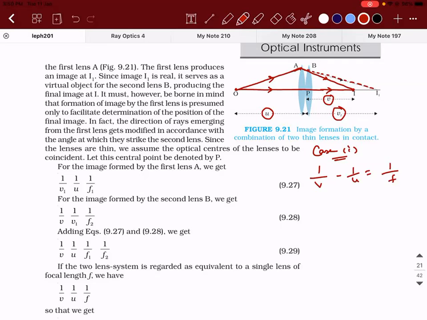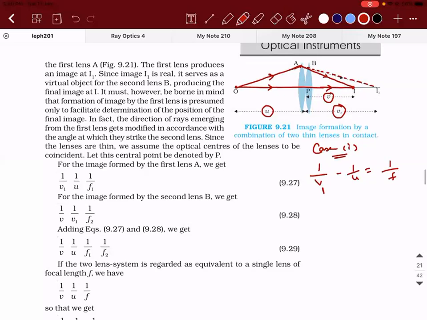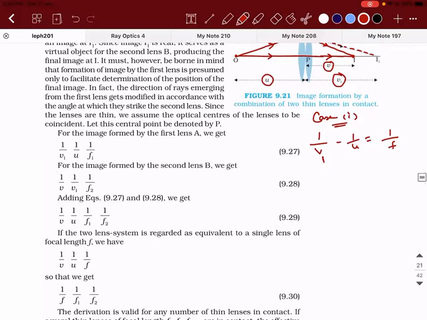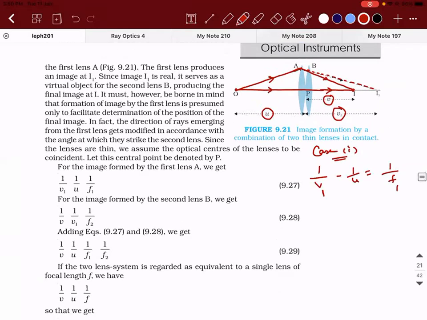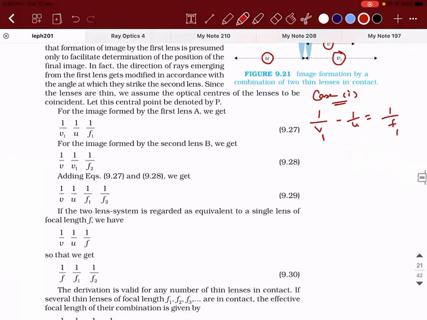Look at the way I'm going to write it. I will write it as 1 by v1, that is the image distance with respect to lens number 1, minus 1 by u is equal to 1 by f1, because the focal length of the first lens is taken as f1.